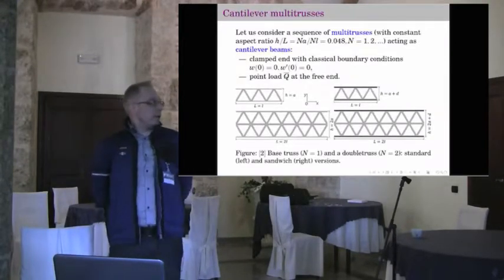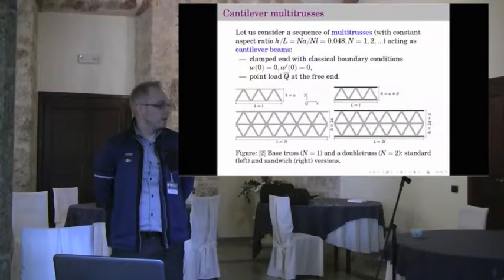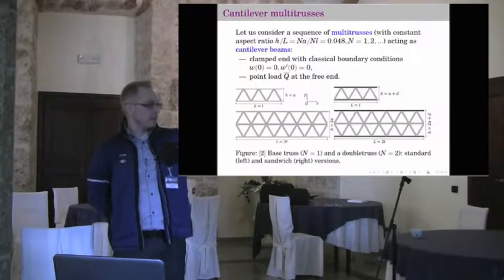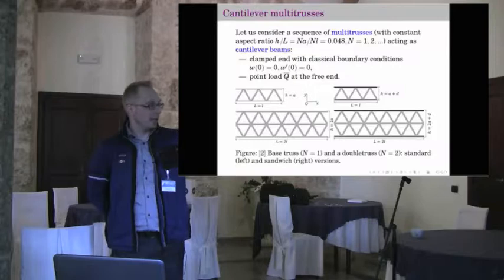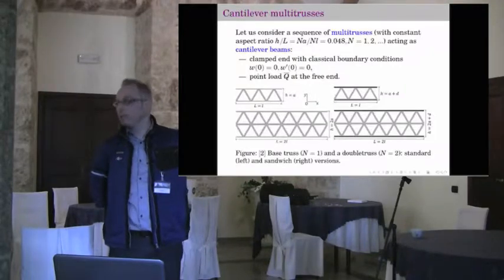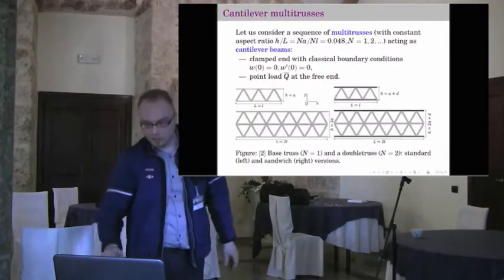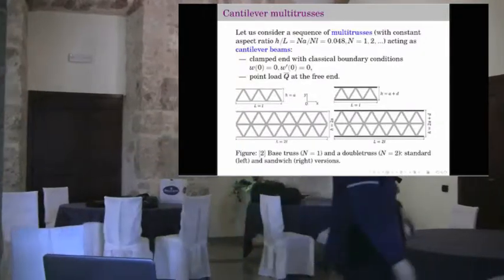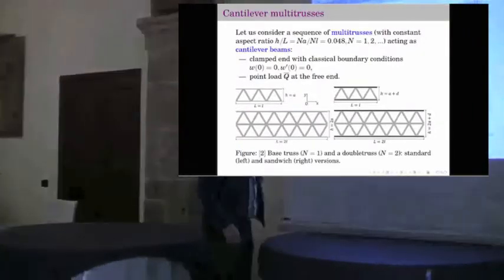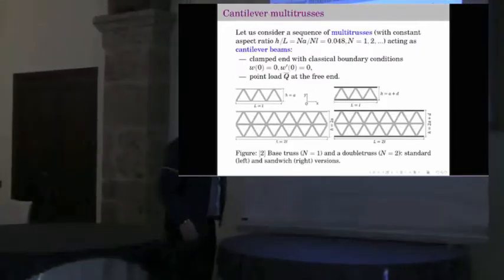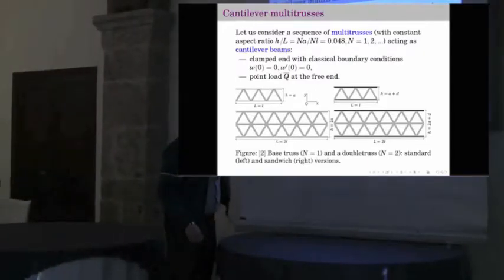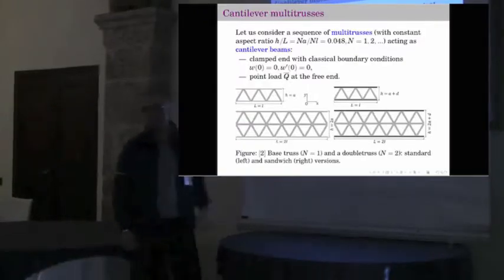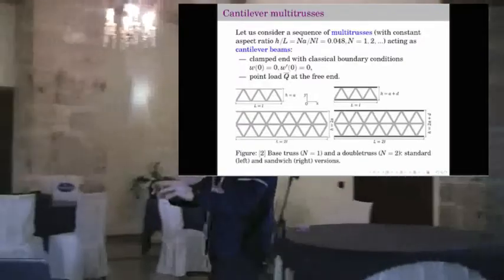But this is the idea of what we have done. So we take a basic truss, and then we duplicate it in two directions, and we repeat. And what it means finally, of course, we can zoom this or scale this such that the overall length is the same. So we kind of get a denser microstructure.